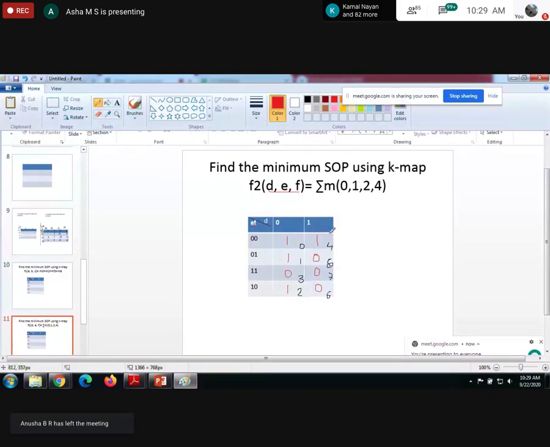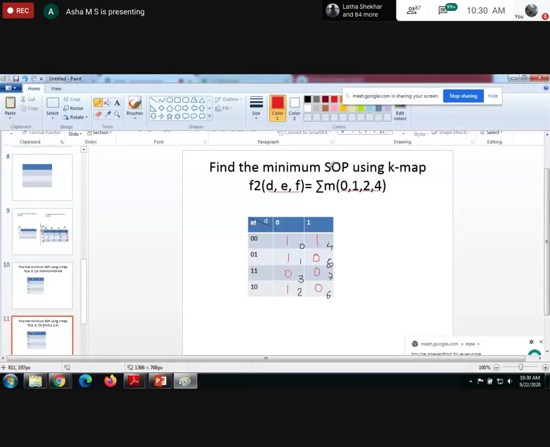Write the cell numbers in the corner of the cell. Wherever these decimal numbers are, place a 1. Remaining all cells will be 0. Once this is done, the next job is to group. Let me group the ones.